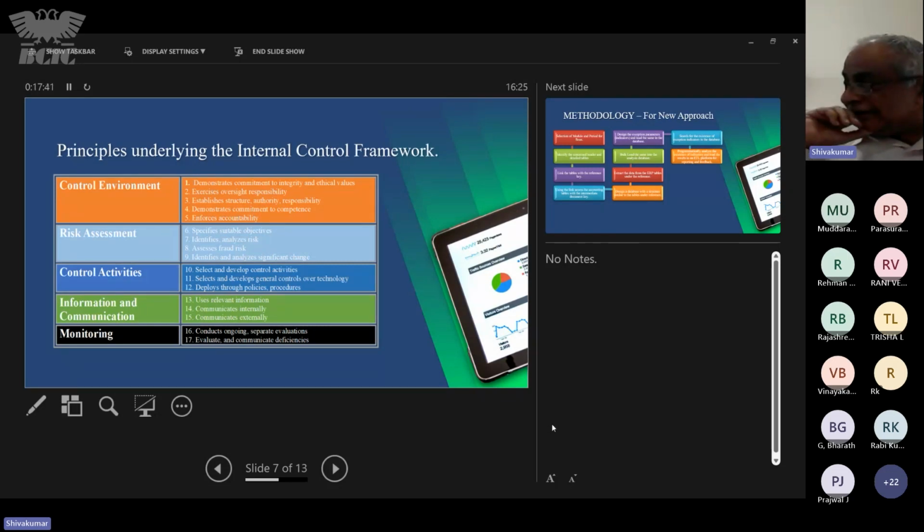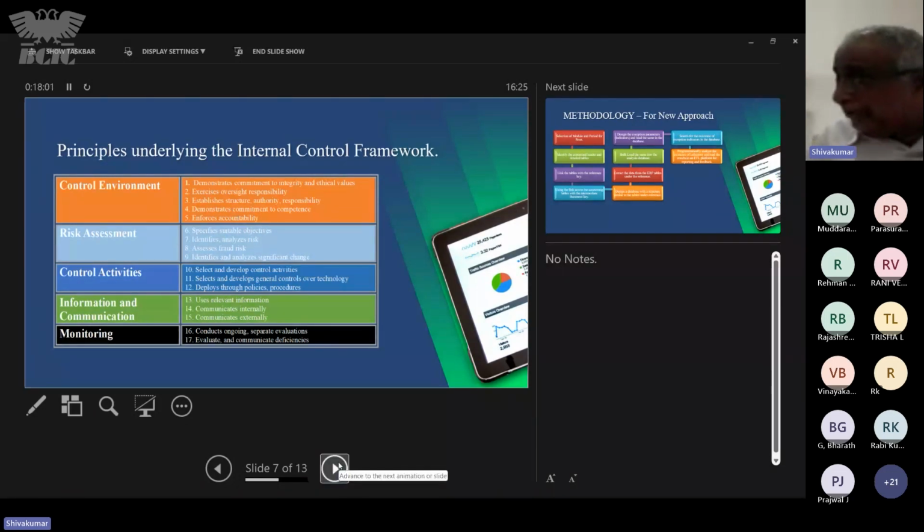Now, when you say that an internal control system exists in an organization, it means that all the 17 principles are in place in the company. This is what the entire COSO cube talks about.